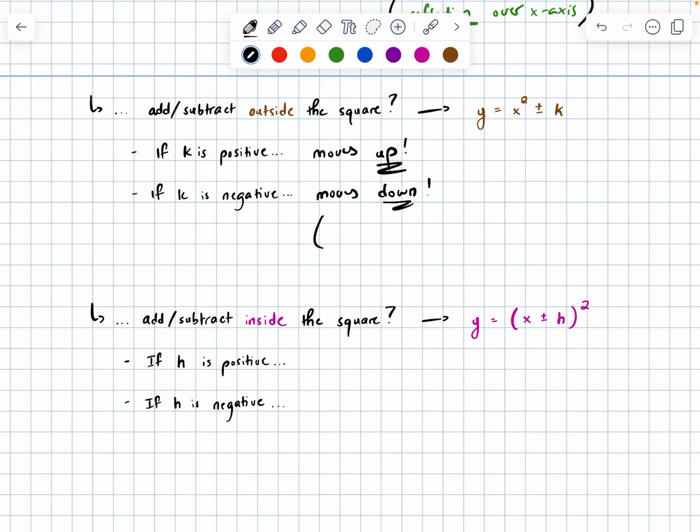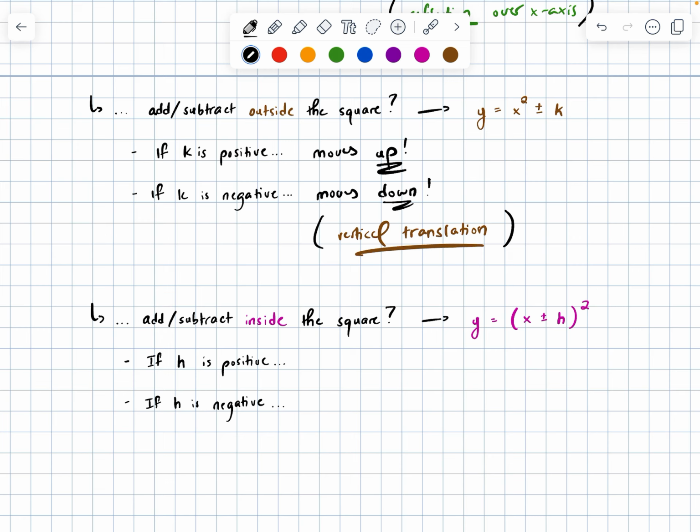The formal word here, if we're moving up and down, we're moving vertically. And if we're shifting it, in other words, to say that I'm moving my graph is I am translating it on my coordinate plane. So here, these values of addition or subtraction outside of my square give me a vertical translation either up or down by k.